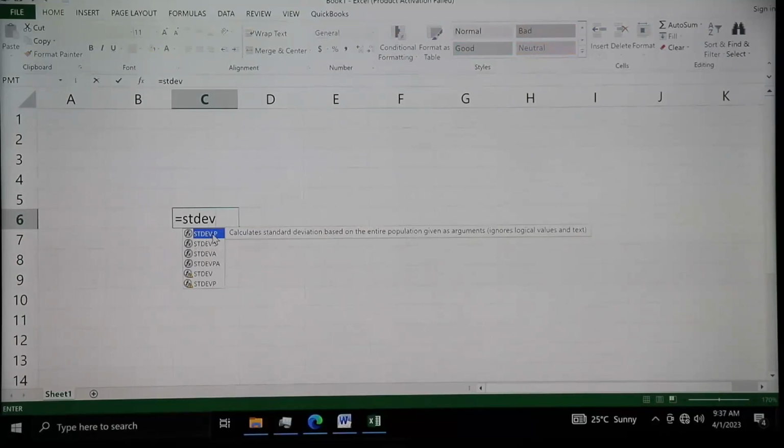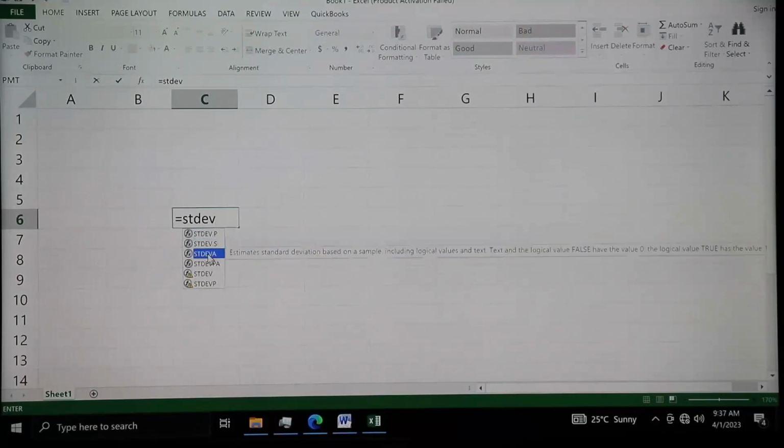We have .P, which is the standard deviation of the entire population. P means population. .S estimates the standard deviation for a sample, so there you choose the sample.